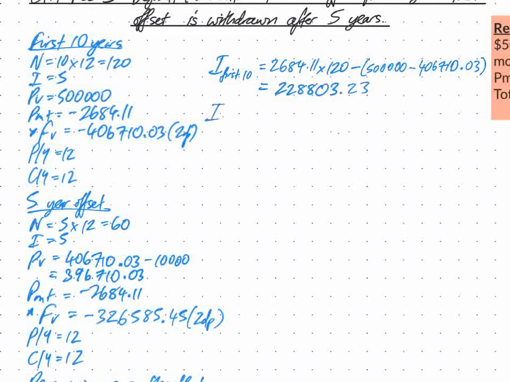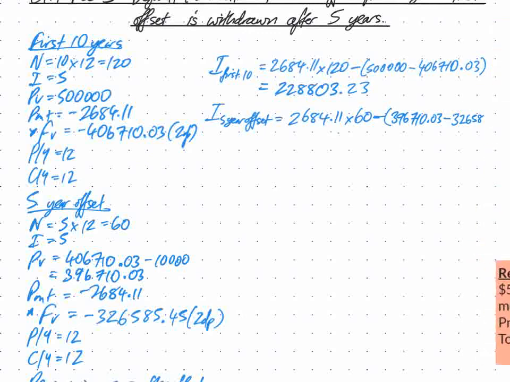Interest for the 5-year offset. I was paying $2,684.11, and I did it 60 times in those 5 years, and I got the debt from 396,710.03, because I offset it, down to 326,585.45.